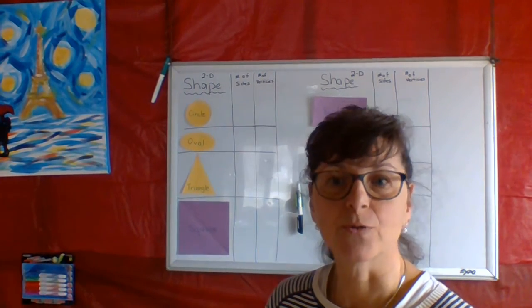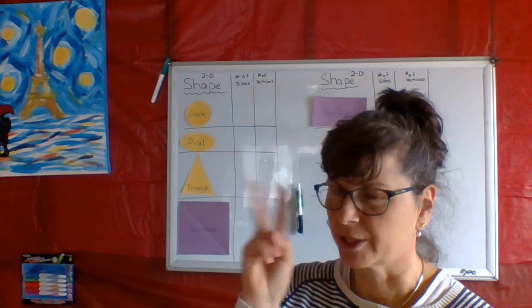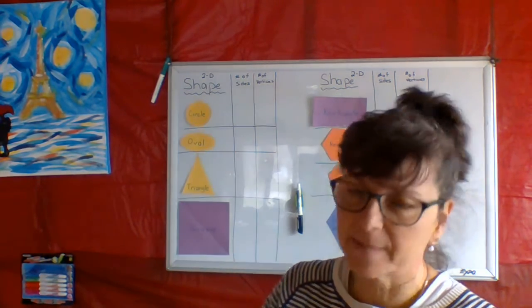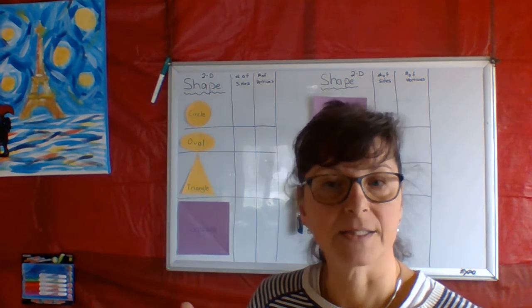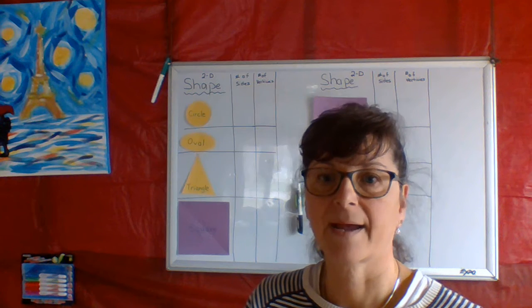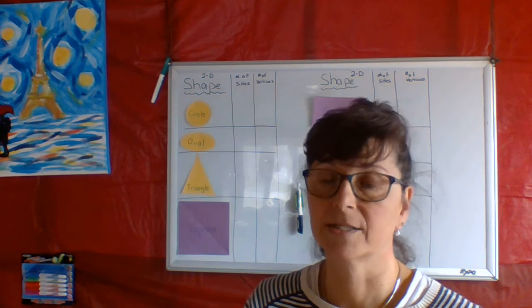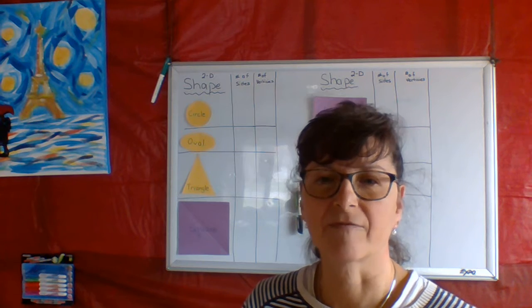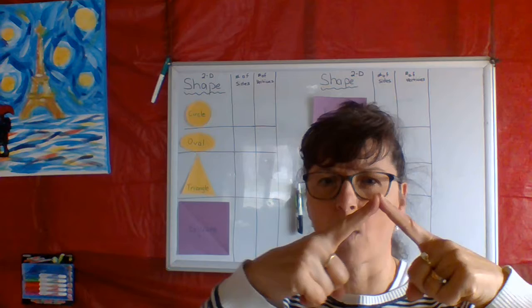Today we're going to review our 2D shapes. 2D shapes, that means those flat shapes that we draw on paper. So let's go back and label all the shapes that I know you guys know, and we're going to count the vertices. Do you remember what the vertices are? Another word for vertices were points.